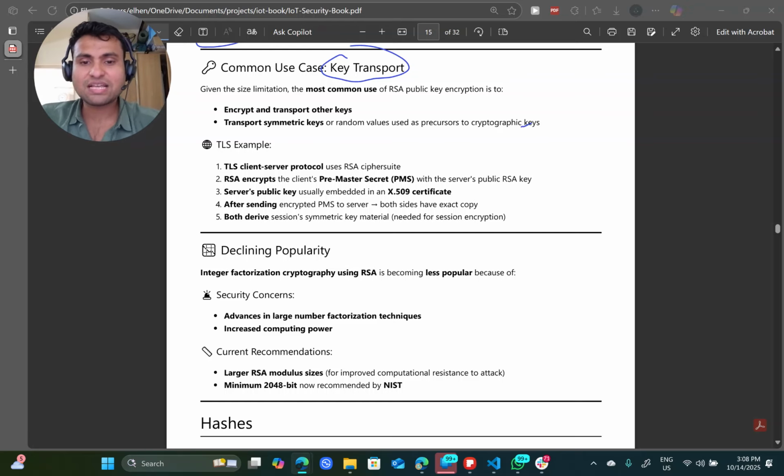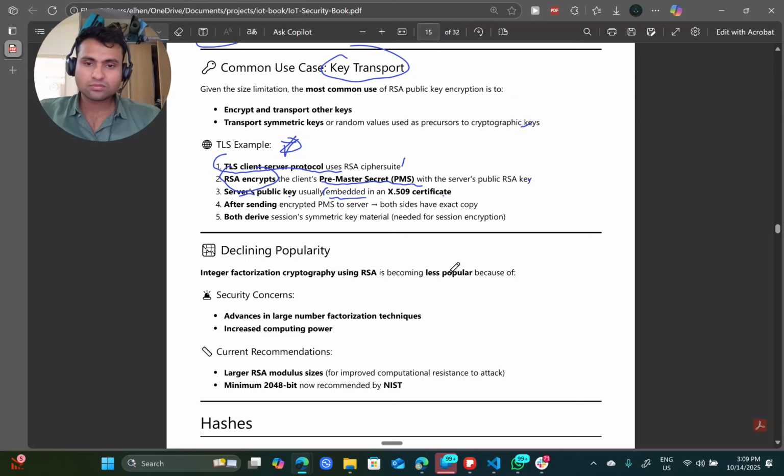As a very important example to follow along, let's say there is a TLS client-server protocol which uses an RSA cipher suite to encrypt. RSA encrypts the pre-master secret, which the client is sending, with the server's public RSA key, which is usually embedded in an X509 certificate.